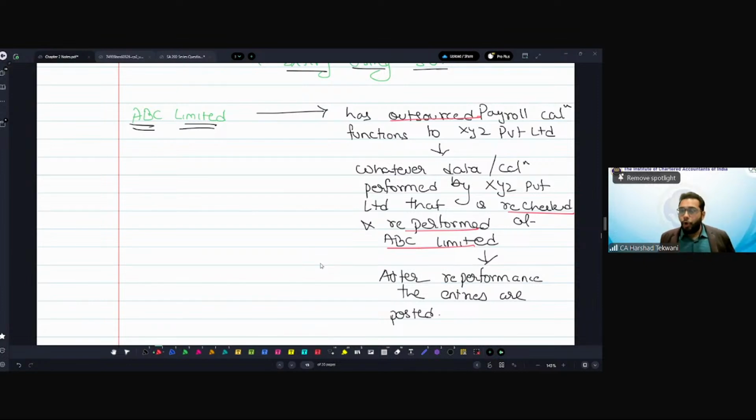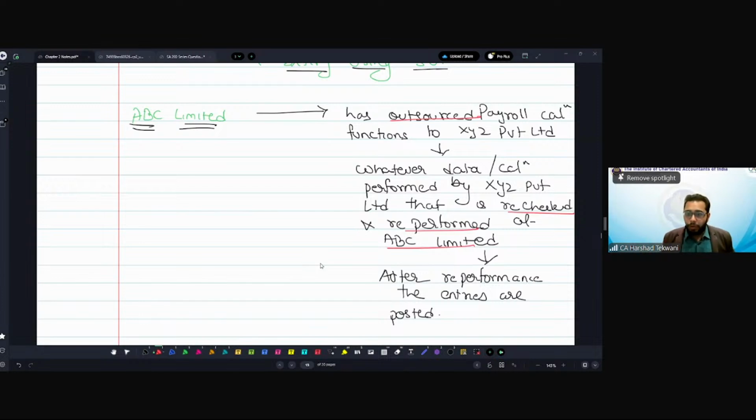So controls, performance, system, process are already there in ABC. Whether they are performing for the first time or second time or reperformance doesn't matter, because they are performing. If the control systems are already there in ABC Limited, why would I go to a service organization and ask for the list of controls, when they don't even matter to me because the same controls are already there in ABC Limited?